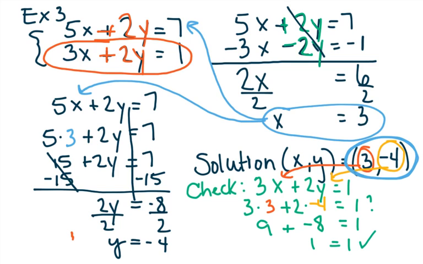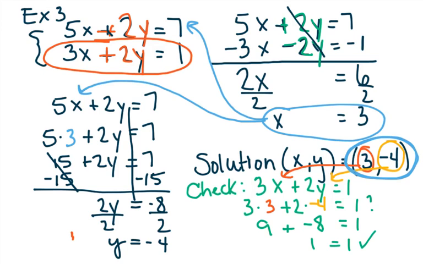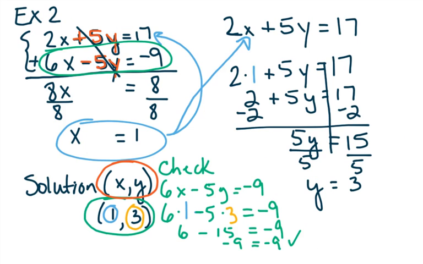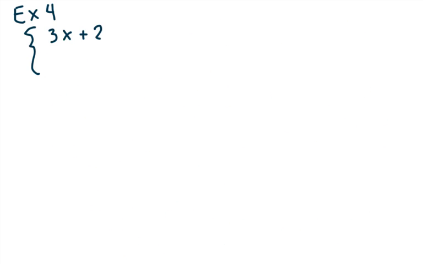Let's do one more example of subtraction. Example 4 is 3x plus 2y equals 10, and x plus 2y equals negative 8.